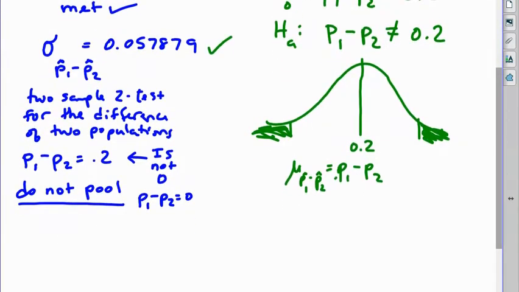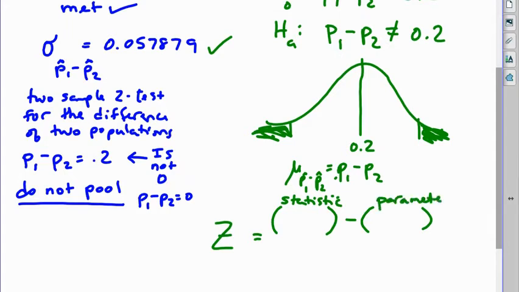Okay, so we're checking that, and so we are going to be doing our Z. If you think about your Z, it's the statistic minus the parameter, over the standard deviation of the sampling distribution.